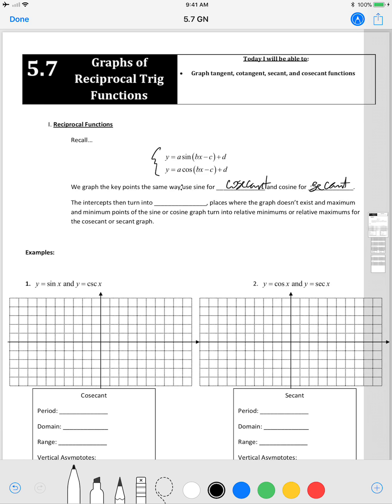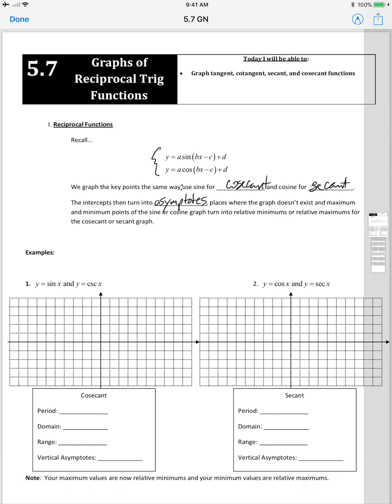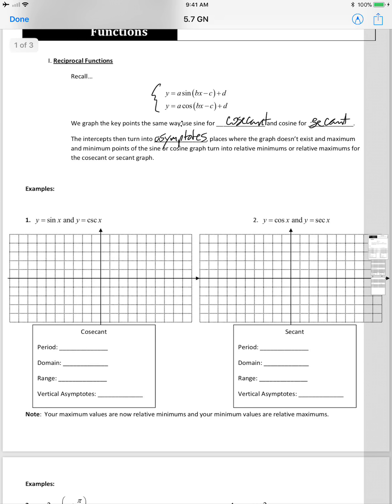That should make sense. Those are the reciprocals of each. And for reasons that we're about to see, the intercepts become asymptotes, or places where the graph doesn't exist. And then our max and min points for sine and cosine turn into relative minimums and relative maximums. They switch. So let's take a look at exactly what I mean by all of that.